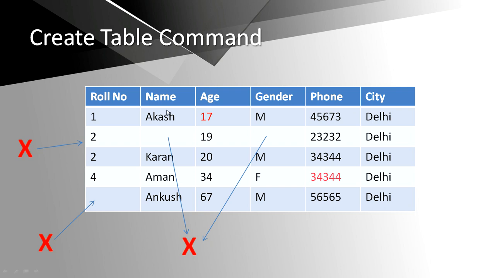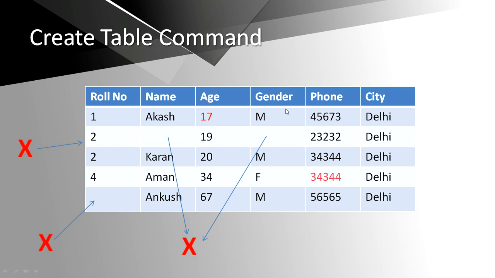In the second column, name is also left blank, so name cannot be left blank. Then in the third column, the problem is with the age. I want only the students who are aged 18 or more to be allowed to have records in this table.